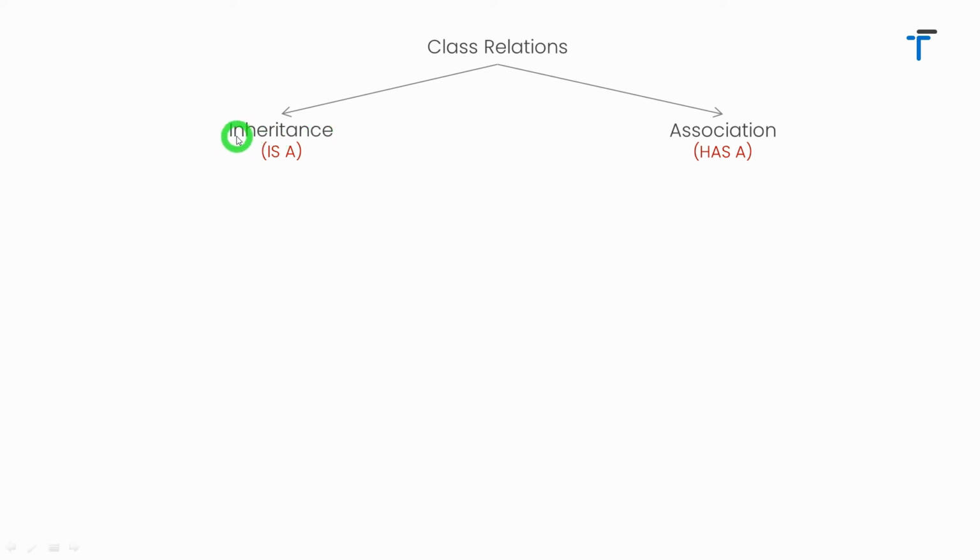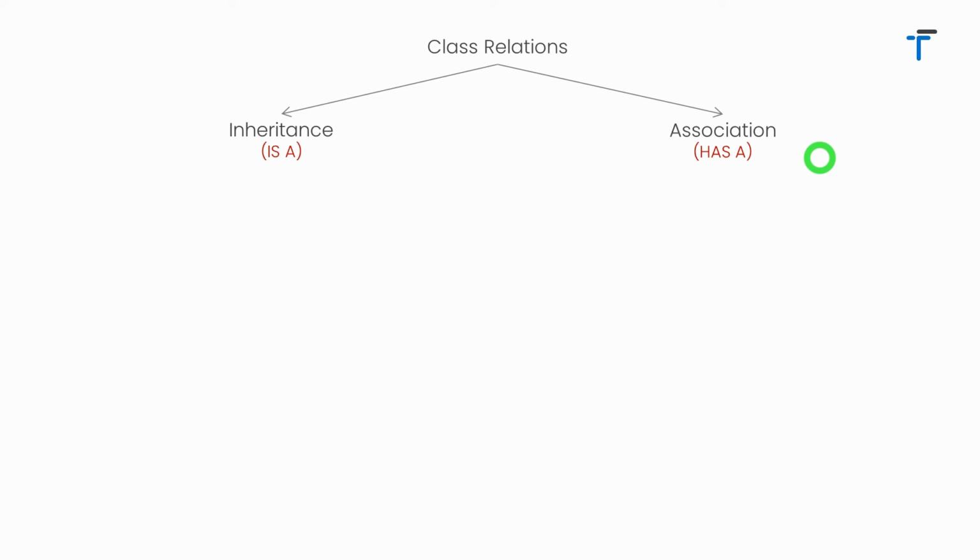Whenever we use inheritance, it creates an IS-A relation, meaning we have two classes and the subclass extends the superclass. There is one more type of class relation, and that is called association. Let's say we have two classes. Without extending a class, without inheriting a class, it's possible for us to have a relationship between two classes.